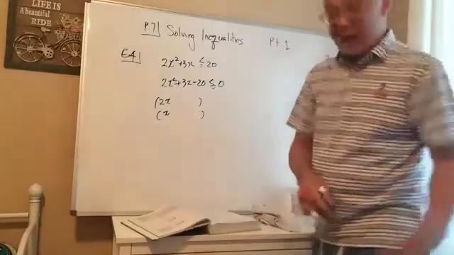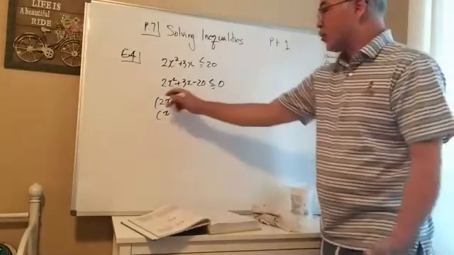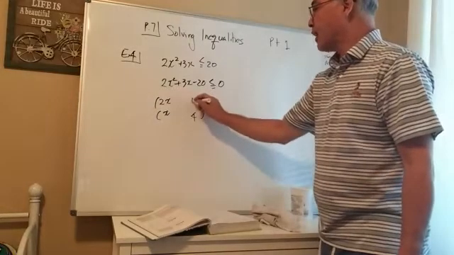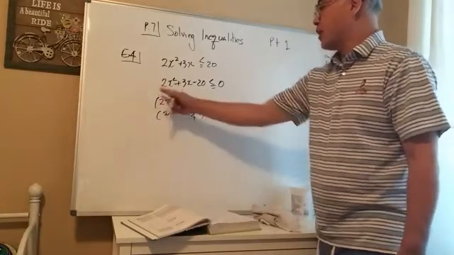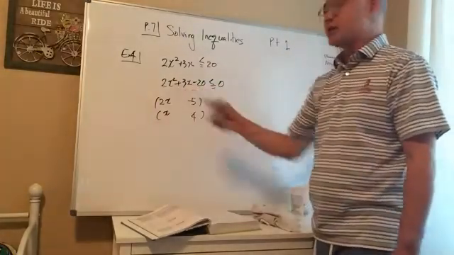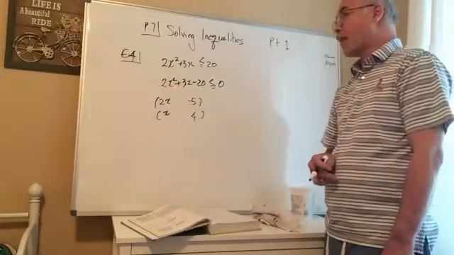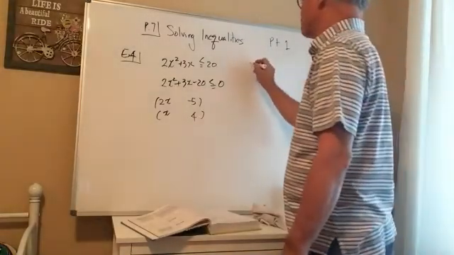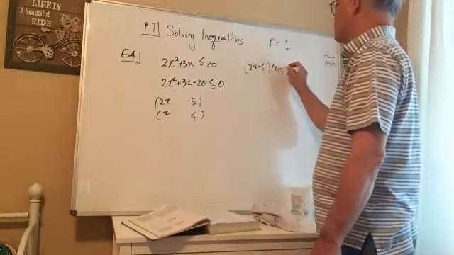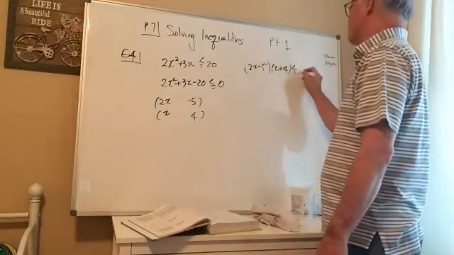It'll be 8 and negative 5. To get the 8, you need the 4 over here, and the negative 5 this way. So it's plus 8 and negative 5, which ends up being plus 3. So this becomes 2x minus 5, x plus 4 is less than or equal to 0.